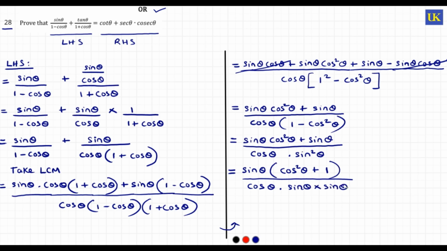Sin theta into sin theta or sin square theta is one and the same, but we are doing that because we can cancel one sin theta with one sin theta. Then what is remaining, we will write cos square theta plus 1 upon cos theta into sin theta.